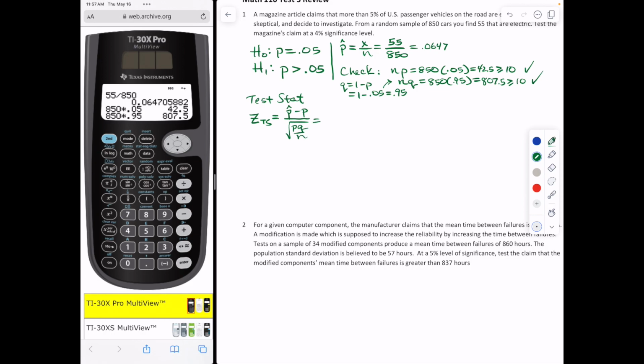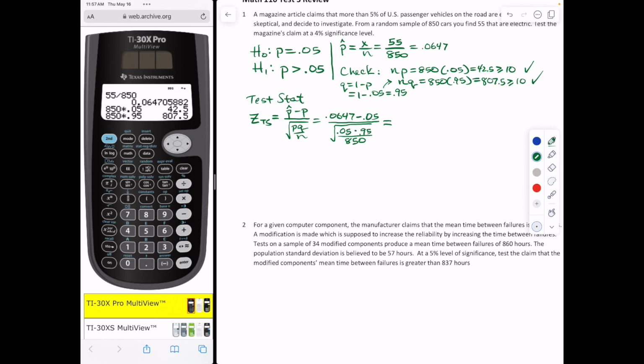All right, so the P hat value was 0.0647. P is 0.05. They are different. P hat's a little bigger than 5%. The claim is more than 5%. Okay, over square root of PQ, that would be 0.05 times 0.95 we got for Q. And then over our N, which was 850.